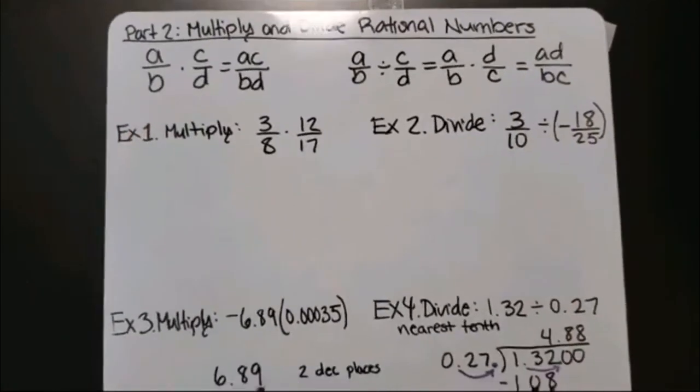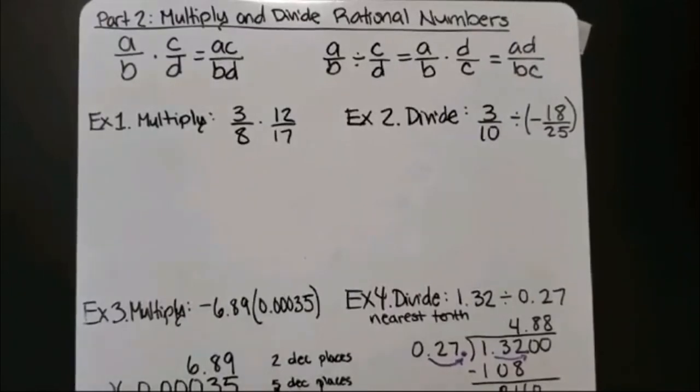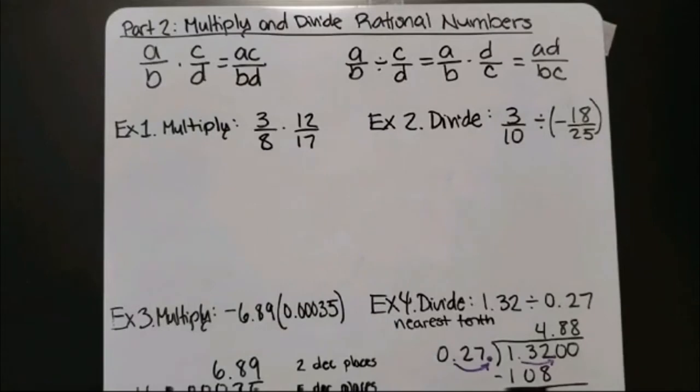So let's look at those principles in action. So here, example 1, we're going to multiply 3 over 8 times 12 over 17, okay? So since we are multiplying, that means it's going to be quick and easy for us. We can just go straight across.